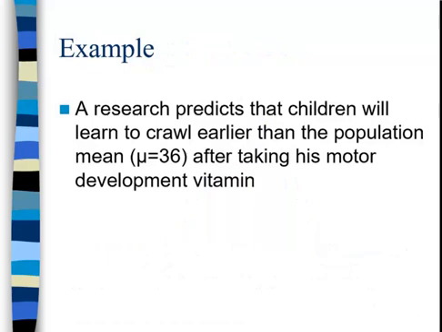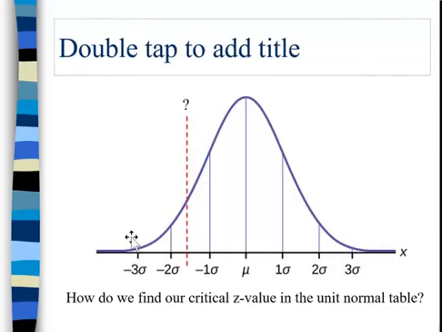Well, hopefully you said, this is a less than sign, and the professor just said less than means the whole 0.05 is going to go on the left side of the distribution. So maybe somewhere around here.